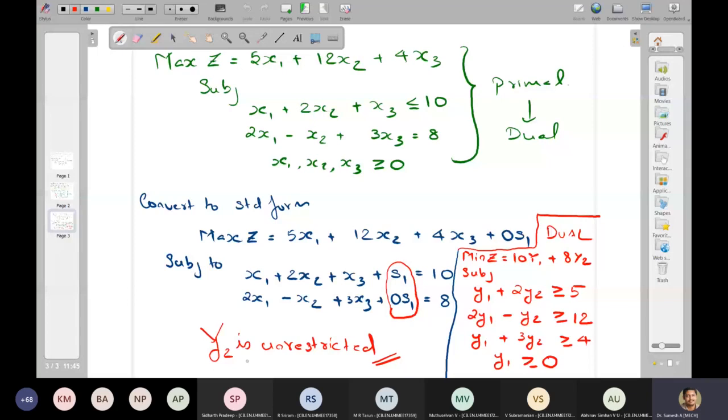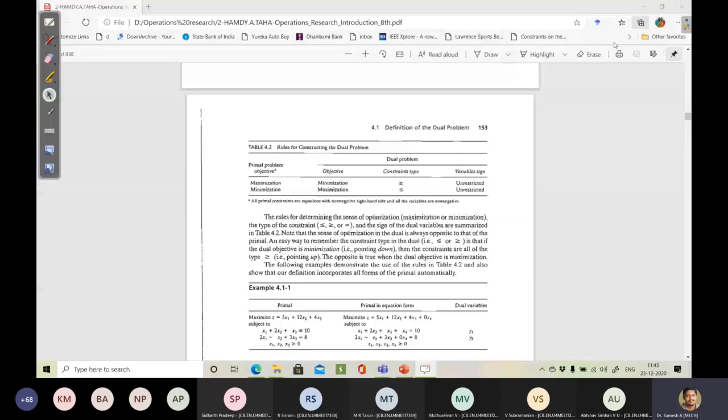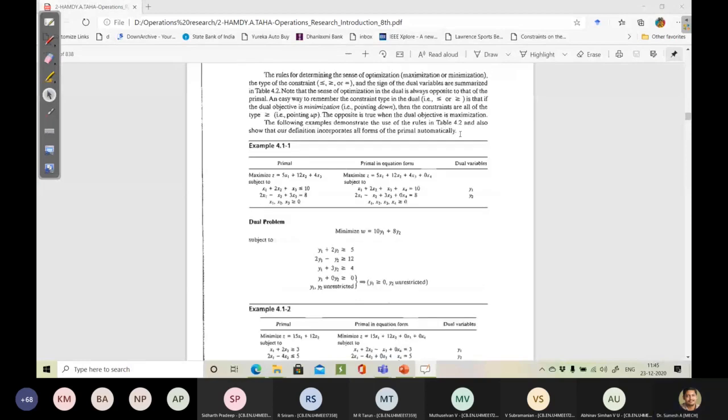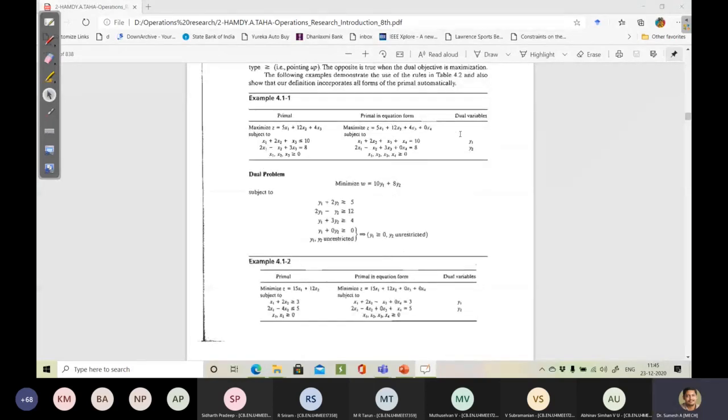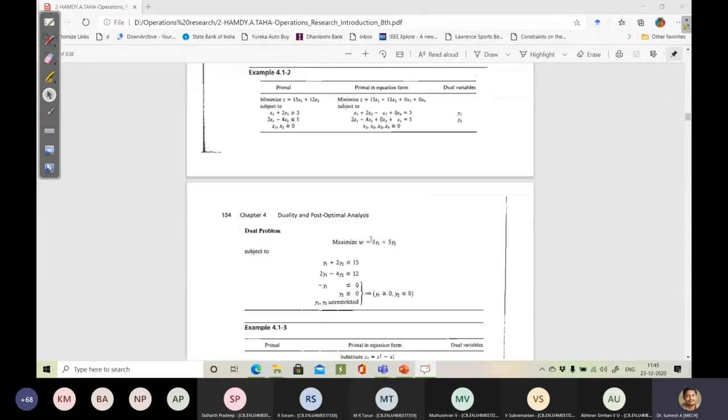I can show you some more problems if you want. I hope my screen is visible to you. You can see the example solved over here. The first problem I have solved for you. Now the second problem: instead of writing S1, S2, etc., they will go with the exact variable dimension in the problem.